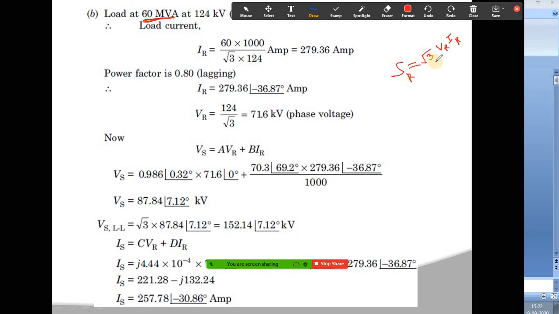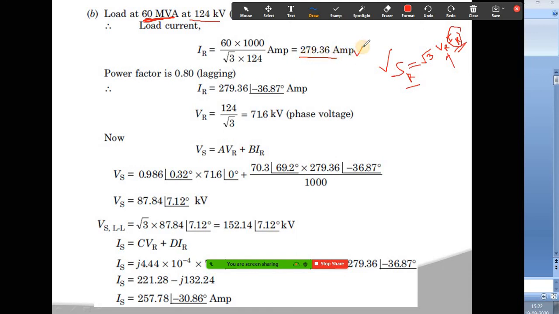Sorry. So then VR value is 124 kilovolts, and SR value is 60 MVA. So if you substitute those two in this equation, you will get the value of IR. The value of IR is equal to SR by root 3 VR. So that value here you are getting is 279.36 amperes.